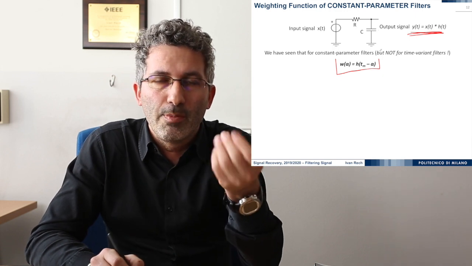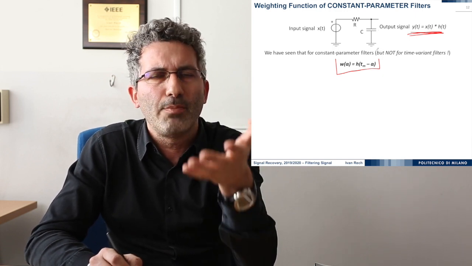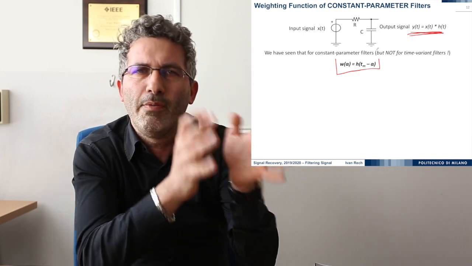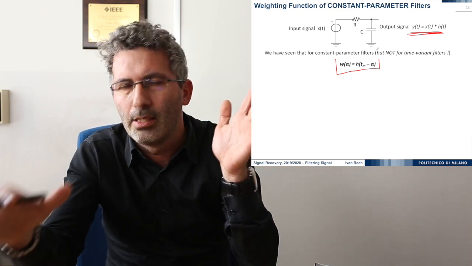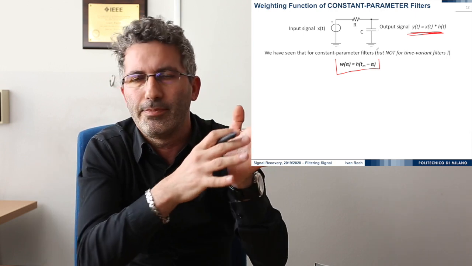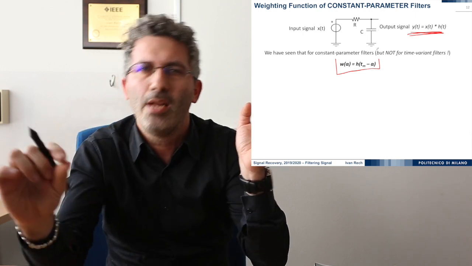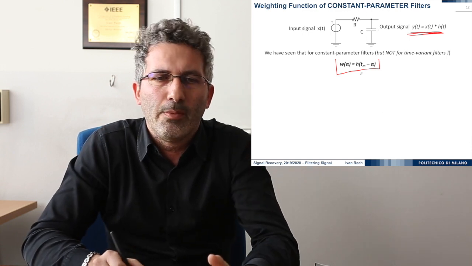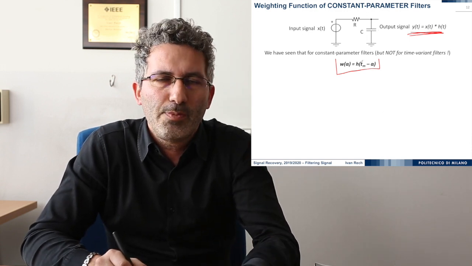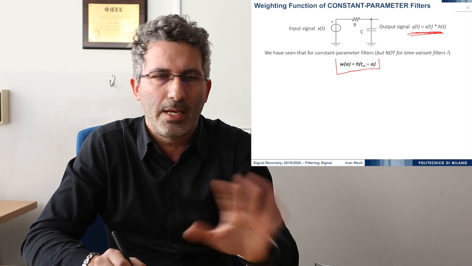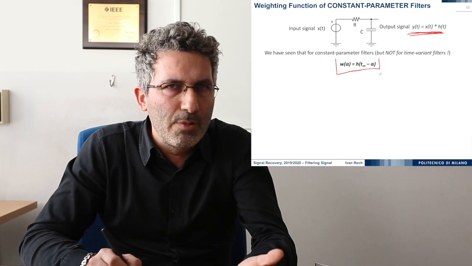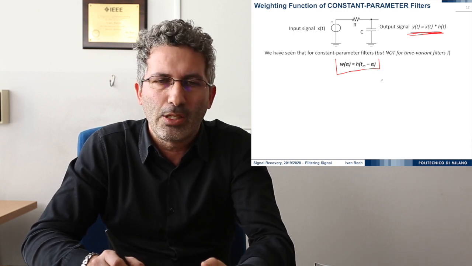We did that from the graphical point of view, because I gave you a method: you have a delta, shift the delta response, take that value, report that value, and in this way we write that the weighting function is the delta response shifted and mirrored.